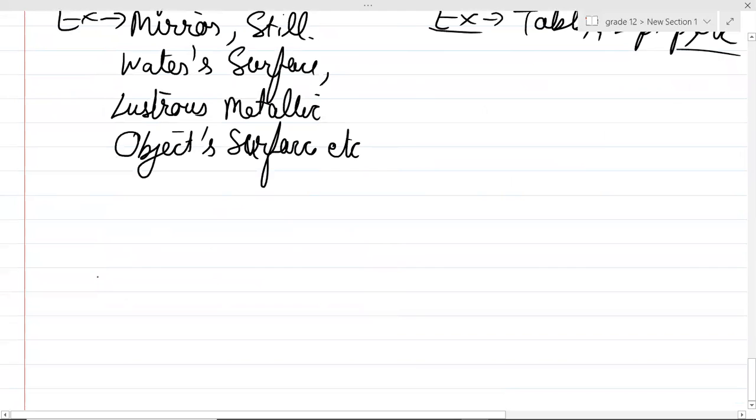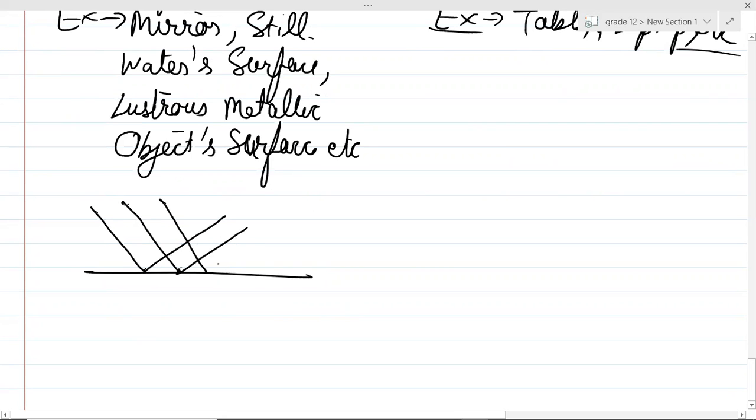Do I need to draw the diagram for this? You remember there was a parallel beam of light, and when this parallel beam of light was incident on the surface, it went out parallel again, right? Everyone remember this?